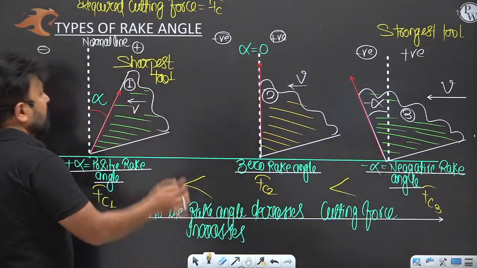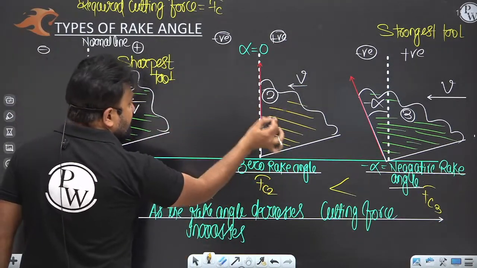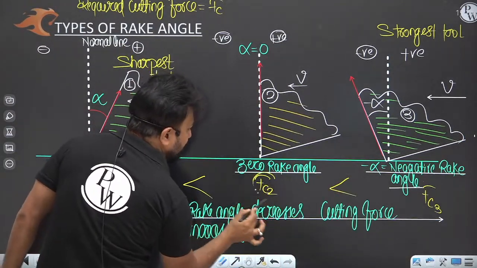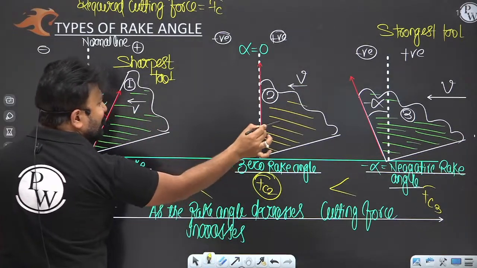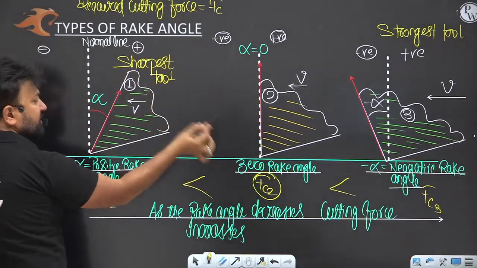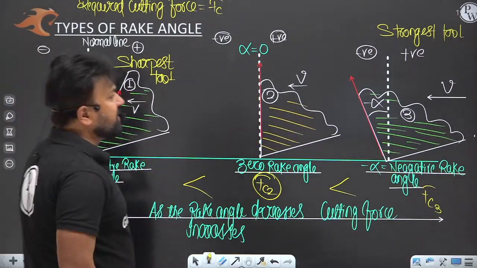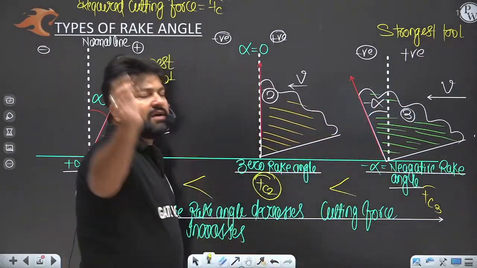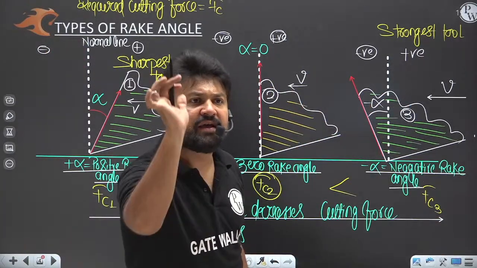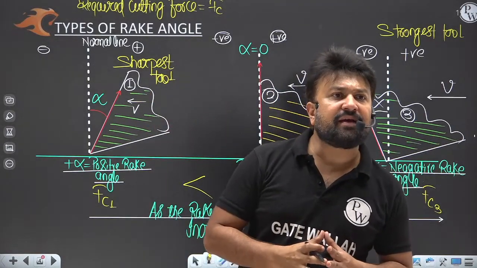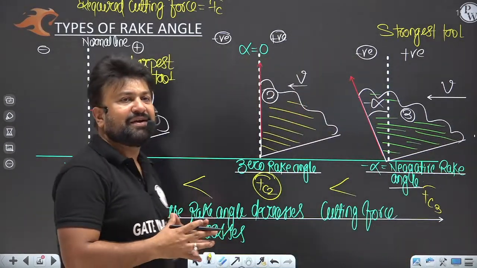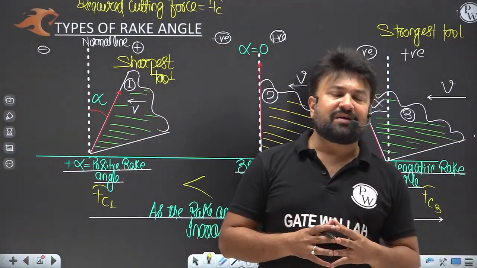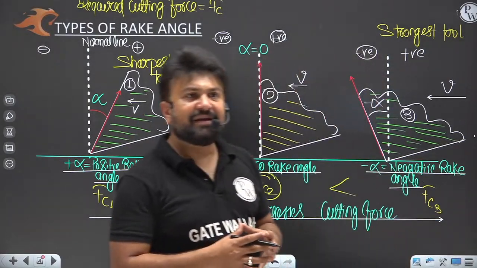Here you can see the required cutting force in zero rake angle is more compared to the positive rake angle, and the required cutting force in zero rake angle is less than the negative rake angle.